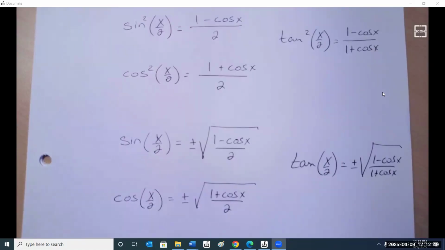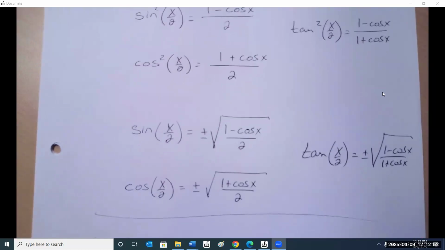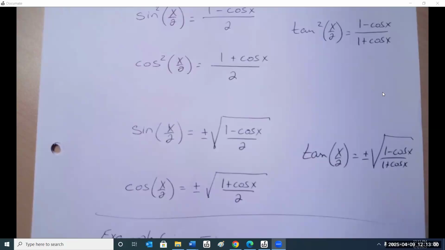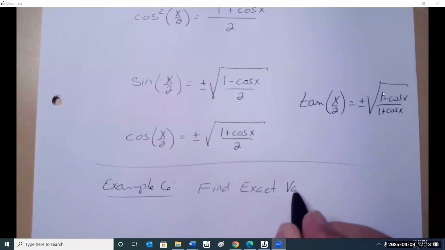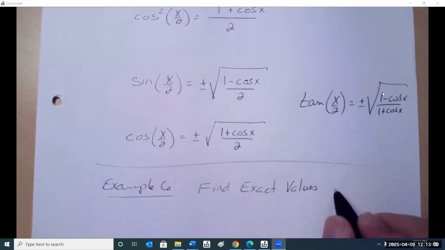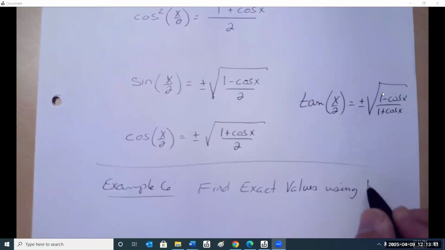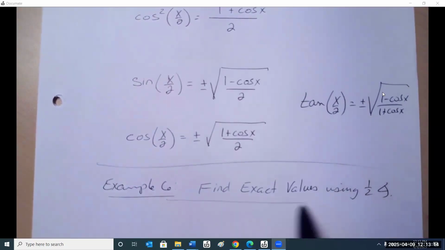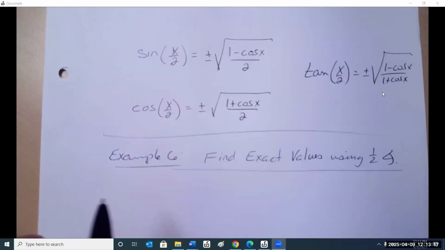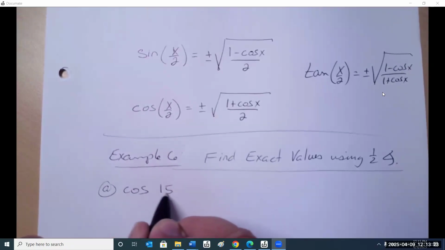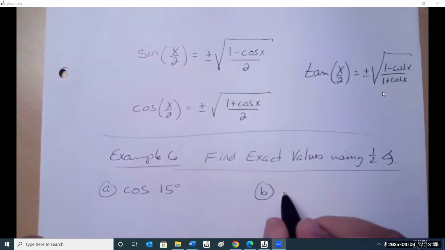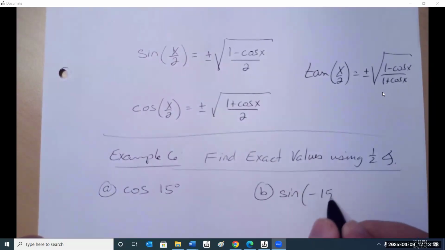Let's do an example. Let's see how we put this into action. Find the exact values using half angles: cosine of 15 degrees and sine of negative 15 degrees.